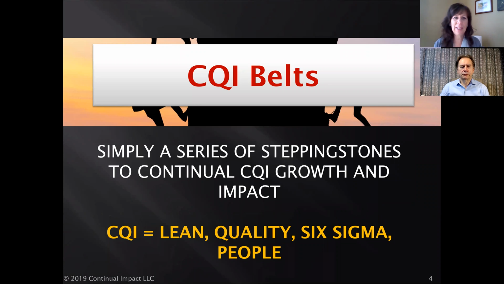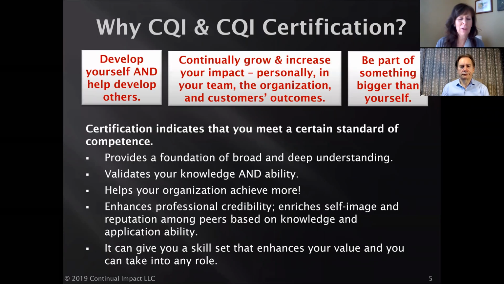For us, it begins and ends, and it's in the middle of, people and helping people grow. The belt series is simply stepping stones along your journey to growing your improvement skills, impact, knowledge, and abilities. So we're going to talk through these 4 belts as stepping stones.